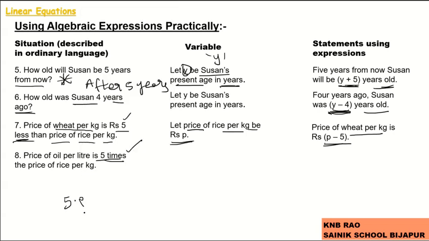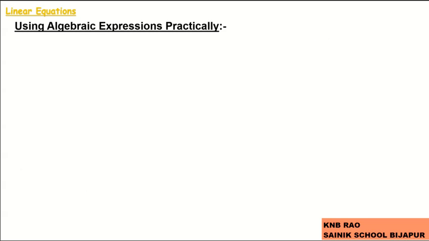So we have here the price of oil, with the assumption of price of rice per kg as rupees P, rupees 5 times of P, or 5P. Then students, this is a very important work that we have learned.